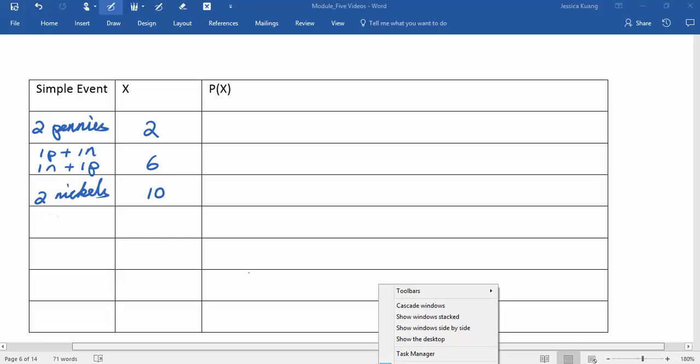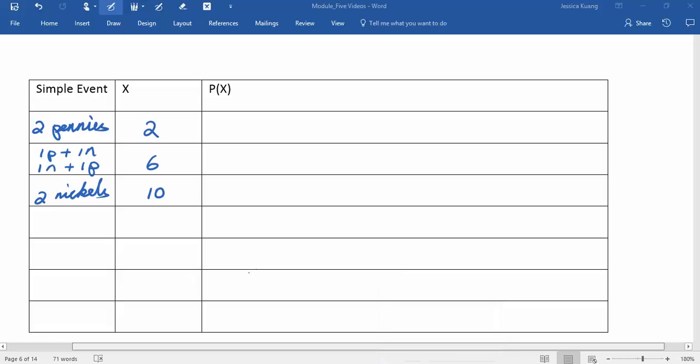Alternatively, I could have 1 penny plus 1 dime, or we could have 1 dime plus 1 penny. In those 2 scenarios, we will have X equals 11.